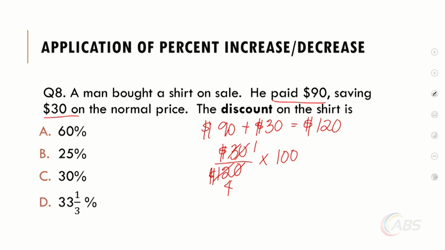But 4 can go into 100, so we have 1 over 4 times 100, which is the same as 1 times 100 divided by 4. So let's just write that out. 1 times 100 is 100, and if we divide by 4, 4 into 100 goes 25 times, and so that's 25%. Option B. Okay?